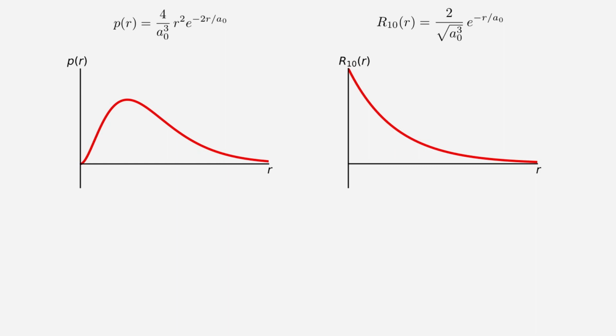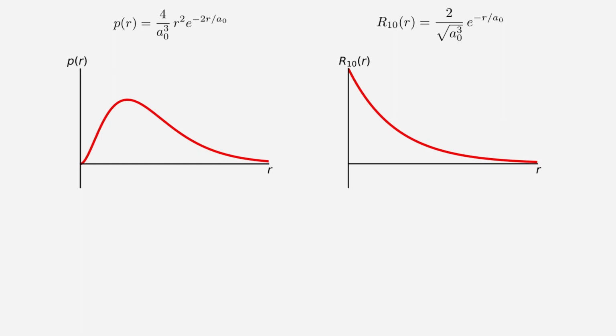The diagram on the left shows the probability density that we've just derived for finding the electron at a distance r from the proton. As a reminder, in the diagram on the right, I'm showing again the radial part of the ground state wave function, which has a maximum at the origin and decays away from it. Now, at first sight, these two plots may look inconsistent.